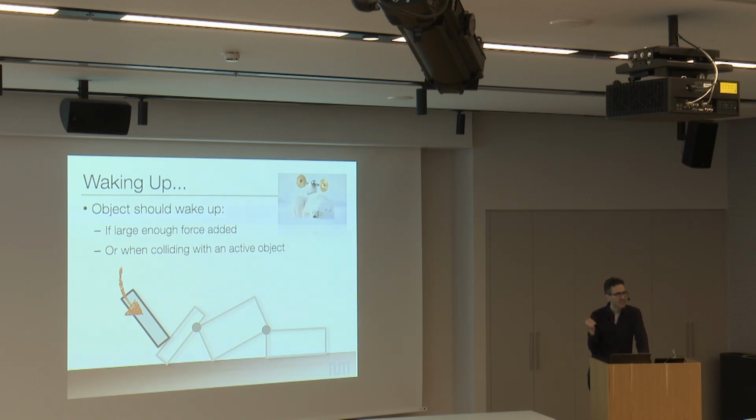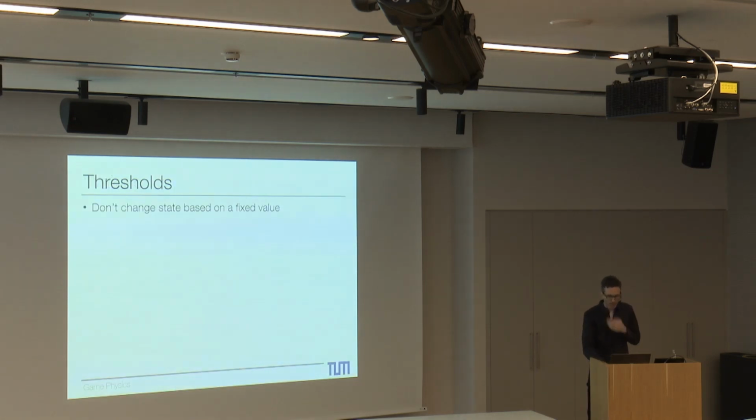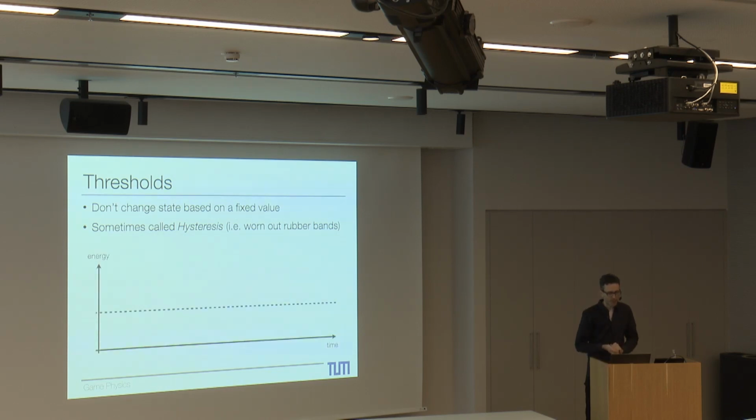It can be based on the same velocity magnitude quantity that we looked at before. And potentially, in our setting, this would over several time steps then wake up a whole chain of other objects. But what's in practice actually interesting and important for this classification is what's often called hysteresis.